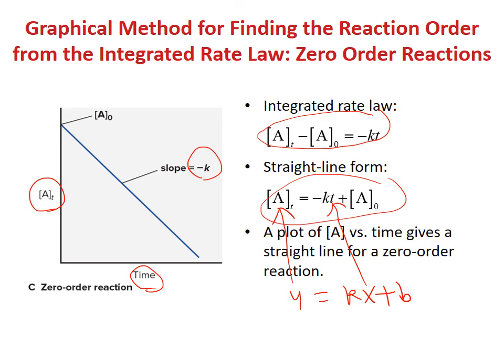Compare with the first order and second order reactions. First order reaction is natural log A over time. You get a straight line, and the slope is negative k. And the second order reaction is inverse concentration over time, and you get a straight line, and the slope is k. And the zero order reaction, you plot the concentration itself over time. You get a straight line, and the slope is negative k.